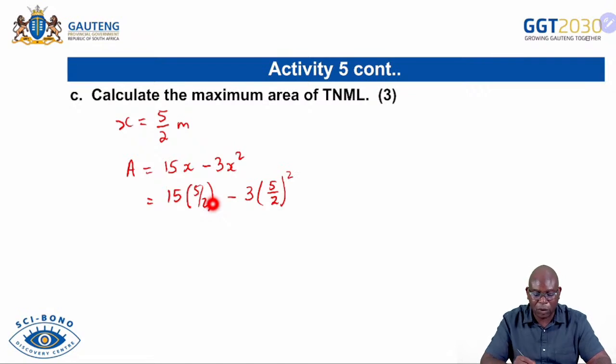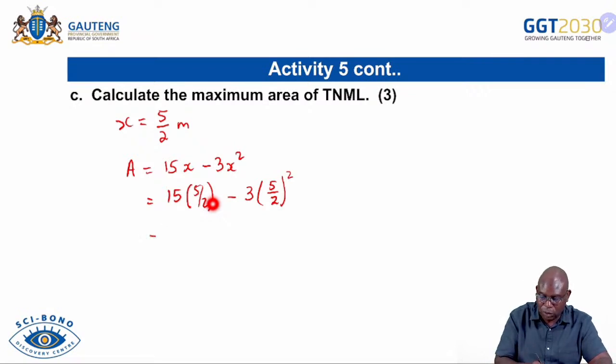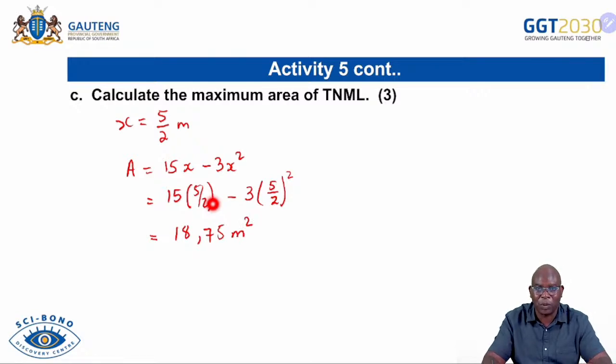If I use my calculator, I'm going to get 18.75. Remember, it's area, so it's square meters. Right. Okay. I think we're doing very well here.